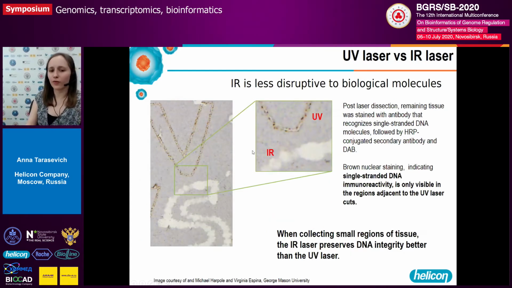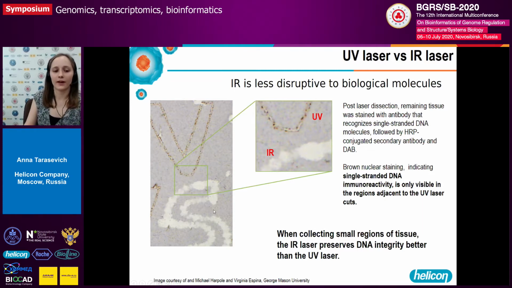Here are some proof of principle results which show the UV laser cut and an IR laser cut. We see that single-stranded DNA, the disturbed DNA, is present only at the edge of the UV laser cut.